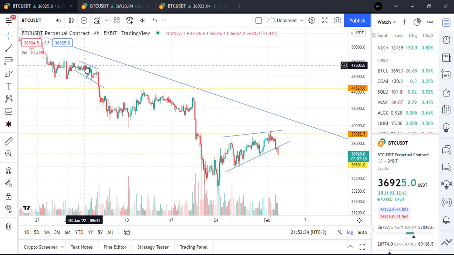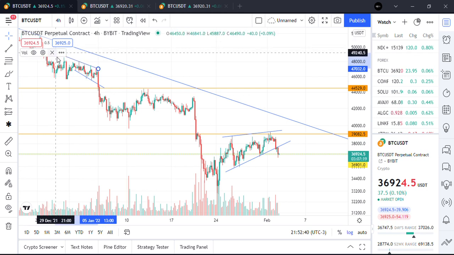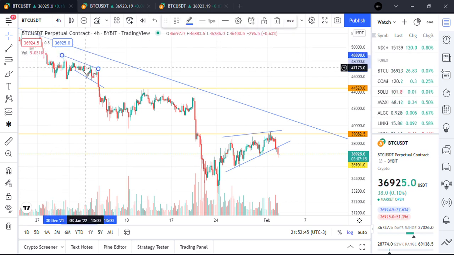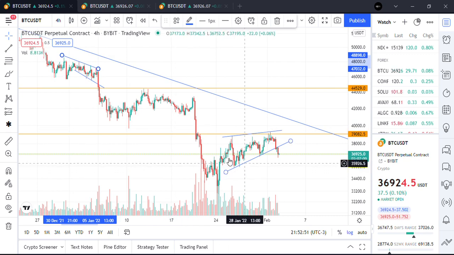This low is lower, this is lower, this is lower. Price continues going down. So it shows, see, this is a channel.